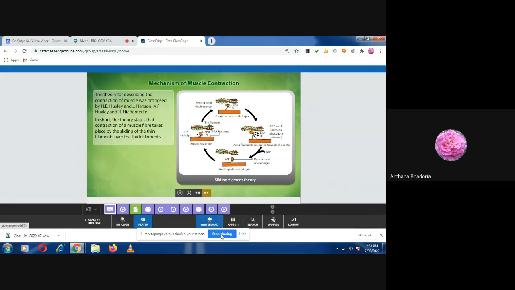So I'm stopping the sharing. You will read this much of your textbook, covering how much? Till the structure of the contractile protein. Devanshi, clear or not? Yes, ma'am.